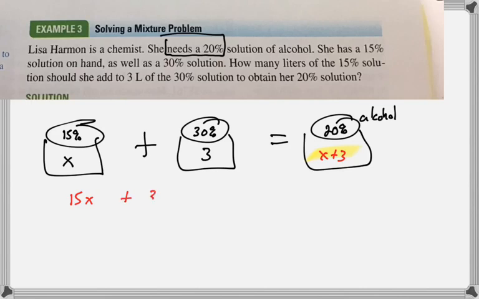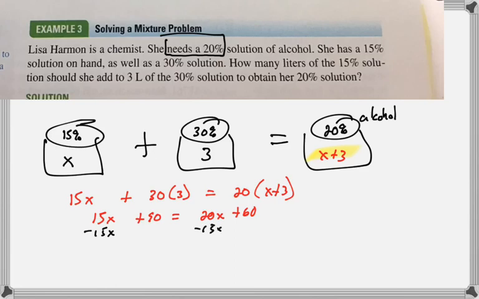15X plus 30 times 3 equals 20 times the parentheses X plus 3, and we're on the way to solve. Combine like terms, multiply what needs to be multiplied, solve the equation, get all the X's on one side by themselves, numbers without X's on the other side by themselves.